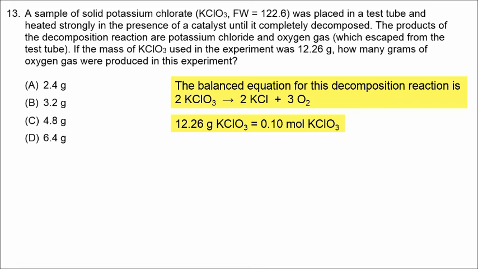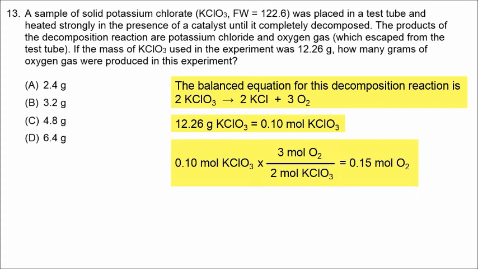So if you thought that 0.1 moles of oxygen was going to be produced, you probably didn't write yourself a balanced chemical equation, so let's convince ourselves that we actually produce 0.15 moles of oxygen. Now the last step in this conversion is to get to grams. You know that there are 32 grams of oxygen in 1 mole.